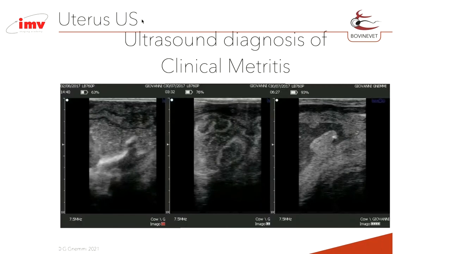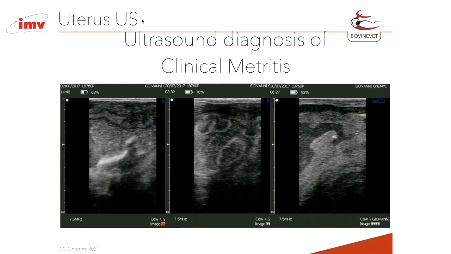Well, I like to use ultrasound for the definition of clinical metritis. So I start to work with my ultrasound in cows after day 10. Diagnosis of clinical metritis is easy. It's possible to do it also only by looking at the cows.